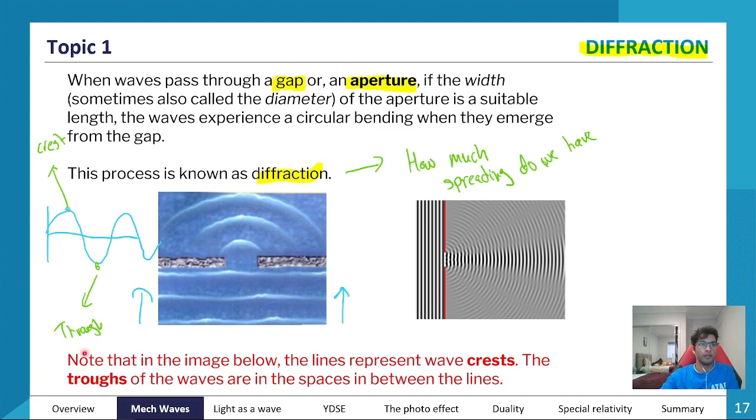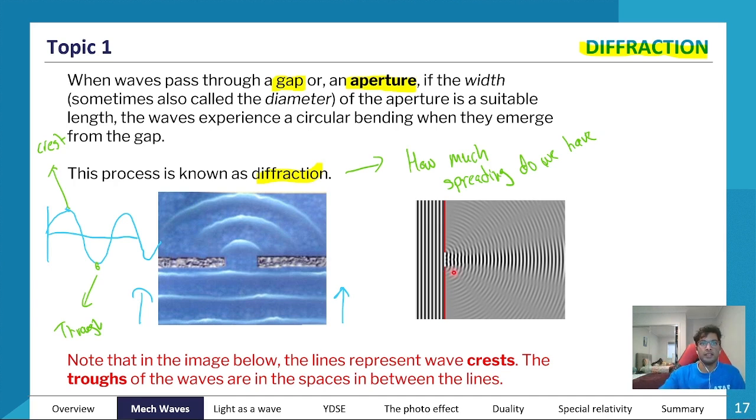Our trough is these dark parts where the waves are going down. And the same thing is happening here. So these white parts are our crests. These bright spots, maximum amplitude, are our crests. These dark parts are our troughs because that's the darkest part, the lowest energy of the wave.